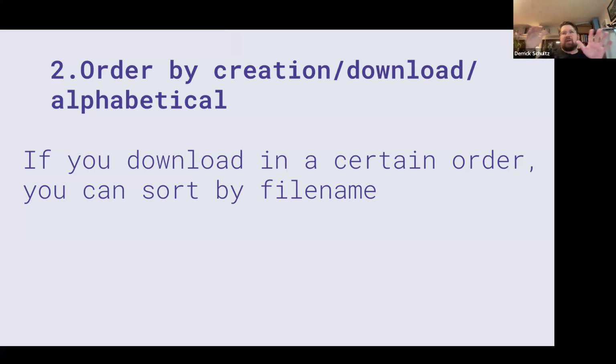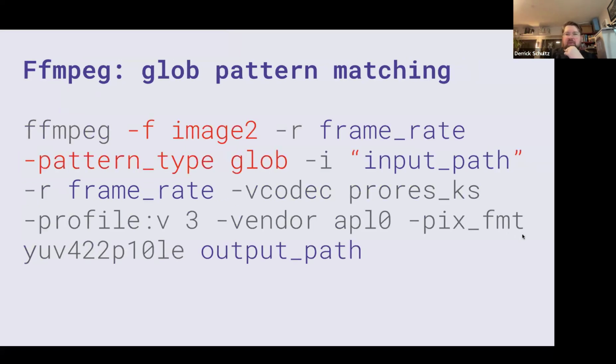When I did that, I could use that glob pattern match to generate the video based on the way I downloaded the frames. So if it works for the way the file names are generated, you can use that glob pattern matching command line to generate those pieces. And again, this is what it looks like, and I've highlighted in red what needs to change from the other versions of the command.